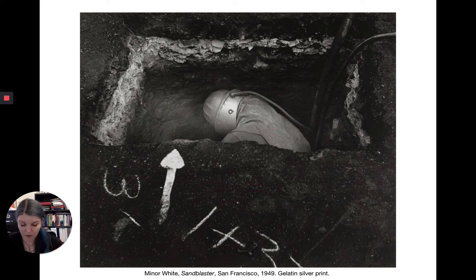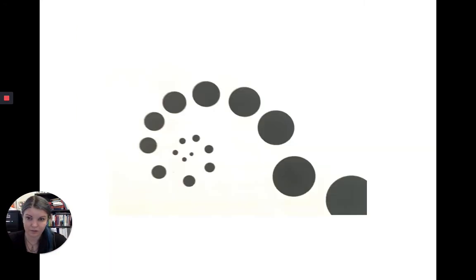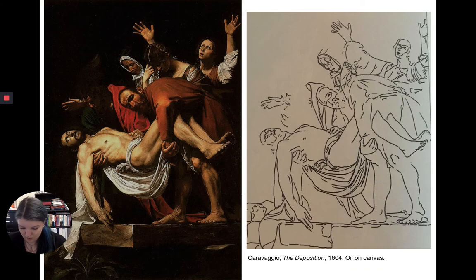The white arrow implies a connection between the numbers in the foreground and the worker's helmet. So we have this implied connection between them. And this human inclination to connect fragmented information, we call that closure. So this wanting to pull things together is closure.